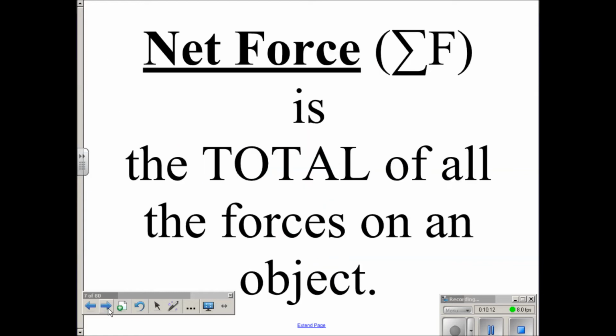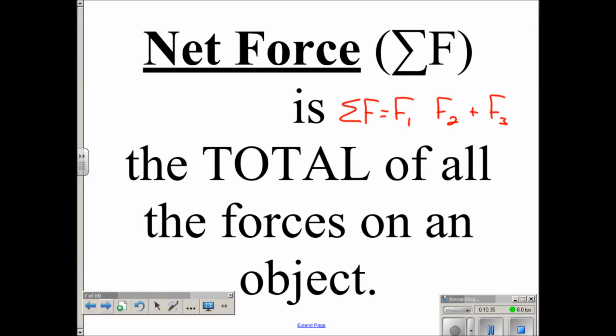All right. So here we go, net force. This is going to be a huge concept this chapter. So that is why I've taken a whole slide to write this down. Net force is the total of all the forces on an object. Okay. So if you want to find the net force on an object, what you're going to do is you're going to list all of your forces. So maybe you've got force number 1 and force number 2 and force number 3.